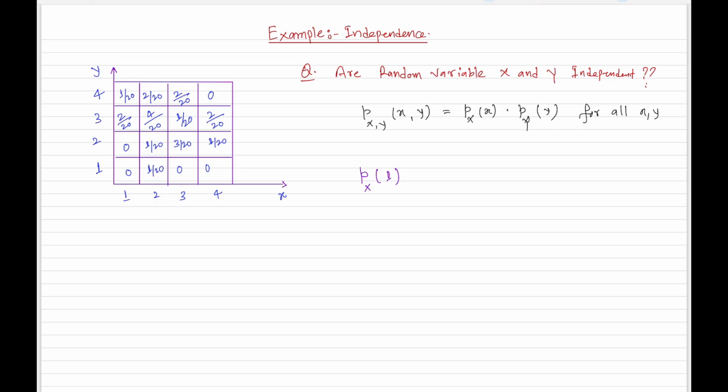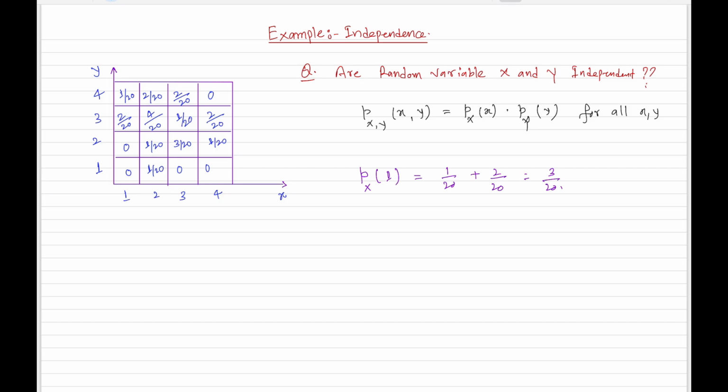We have not been given any kind of condition, right? So basically we are talking about this column, where random variable X takes the value 1. So that will be equal to 1 divided by 20 plus 2 divided by 20, which is 3 divided by 20.